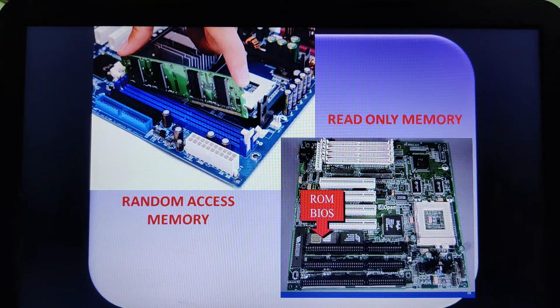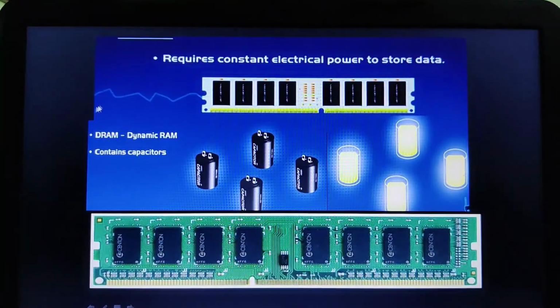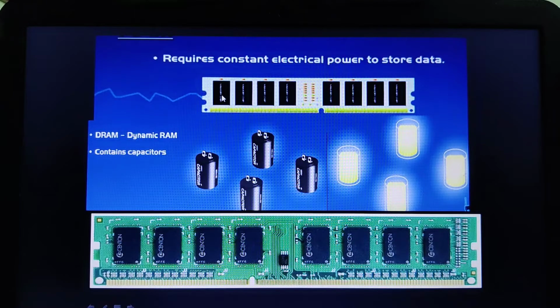This point I have already made clear in our previous video. Now this random access memory needs constant electrical power in order to store data. Once the power supply has stopped, whatever contents are stored in the random access memory will be completely erased, isn't it?